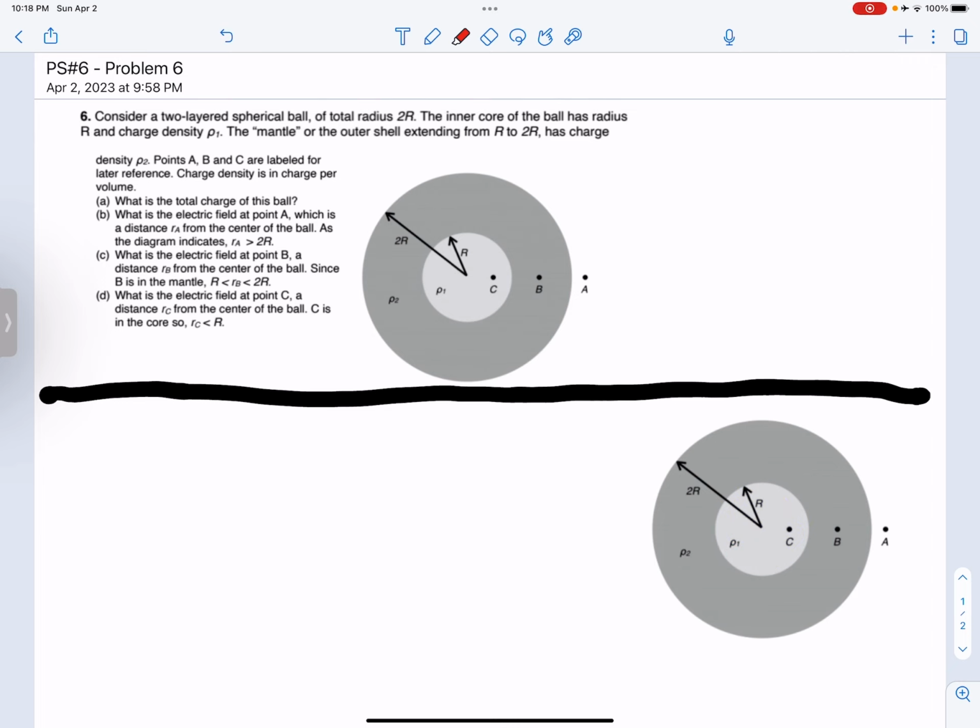And the second layer is this outer layer here with a darker shade, and it has charge density rho 2 and a radius of 2r.